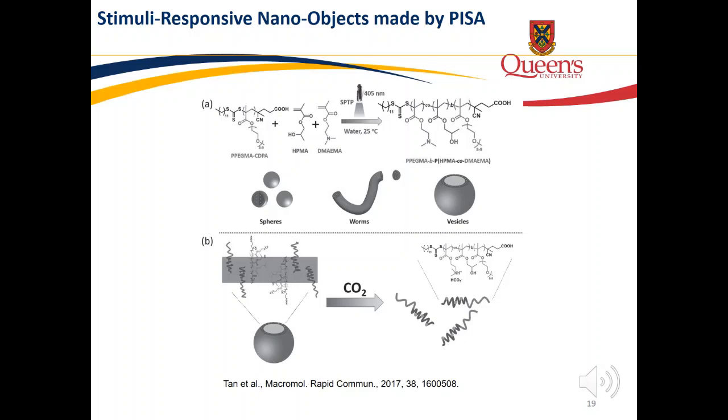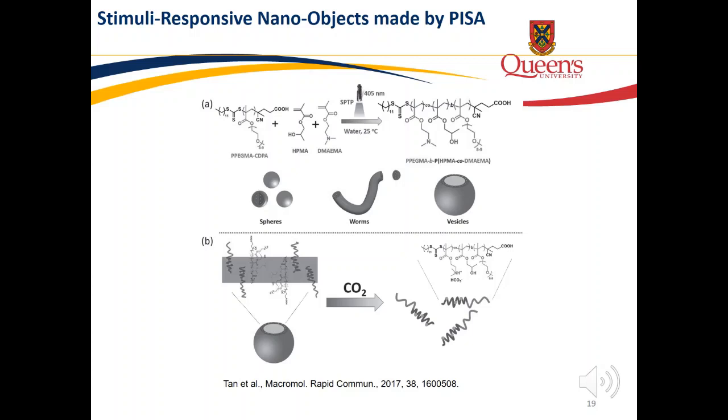It's also thermally sensitive, by the way. It has an LCST. And when you do this process, and they've done it here using irradiation at room temperature, you can make this type of block copolymer.